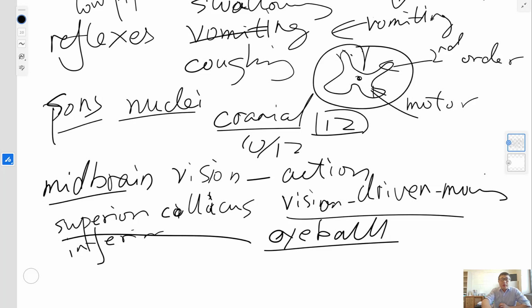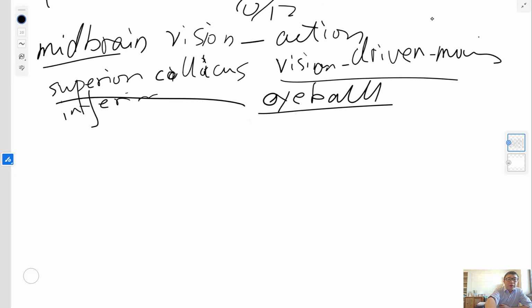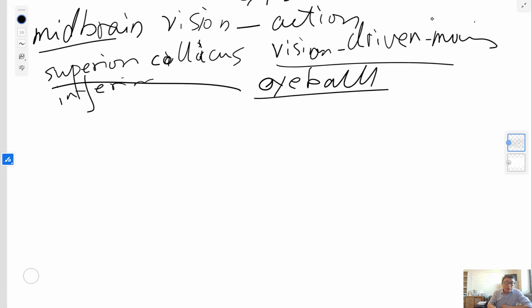And it's interesting that some people develop blindness because of cerebral cortex diseases, the cortical blindness.